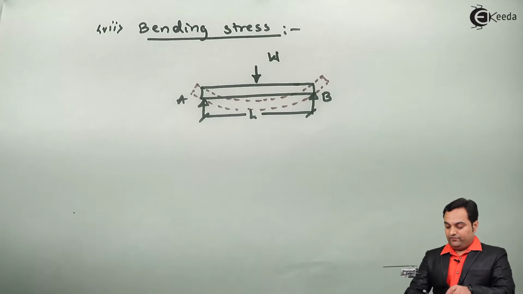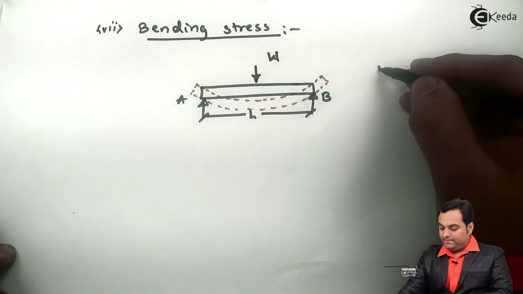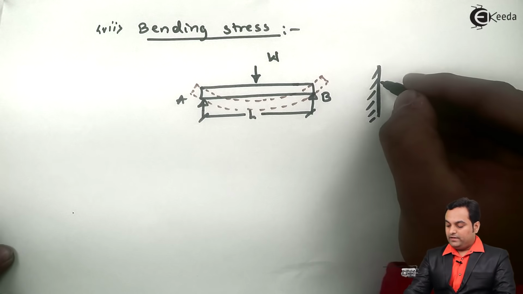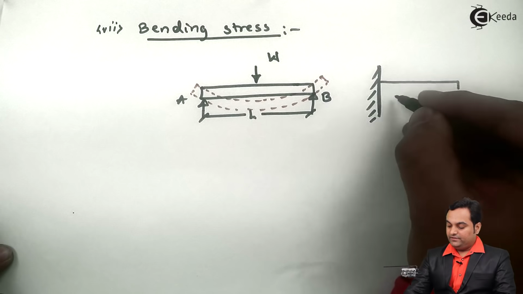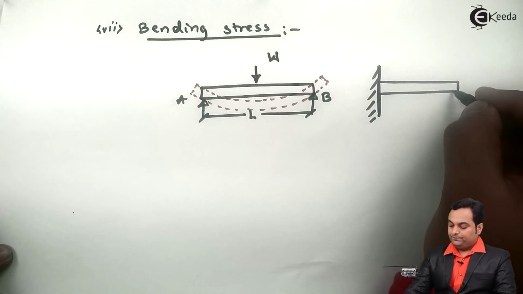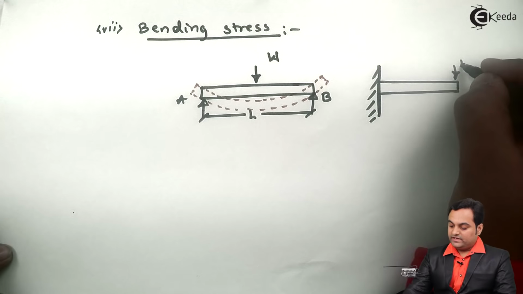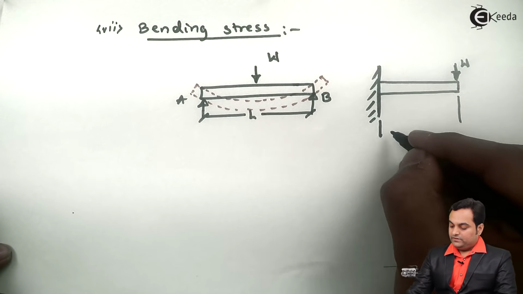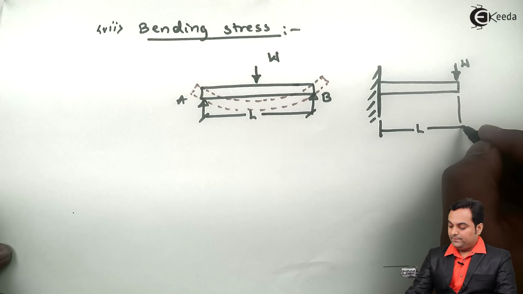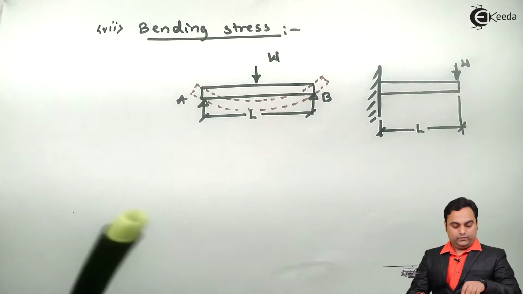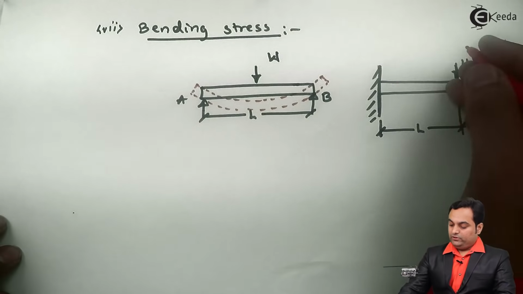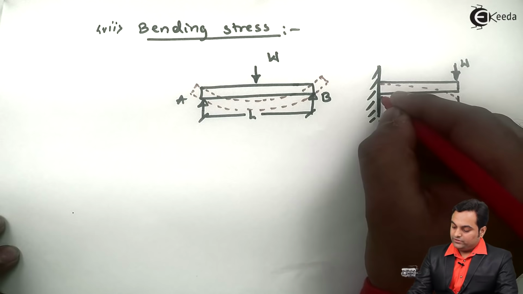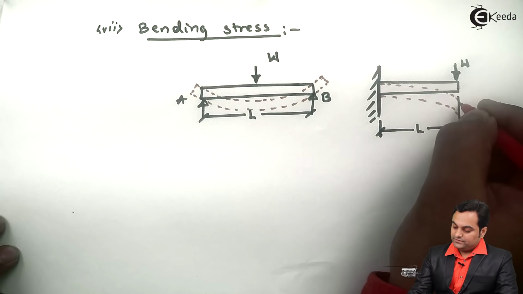Similarly, if I have a cantilever beam, that is a beam which is fixed at one end and free at the other end, like this example. Again, if a load is acting at the free end of this cantilever beam, its length is capital L, this beam will be deflected downwards like this.